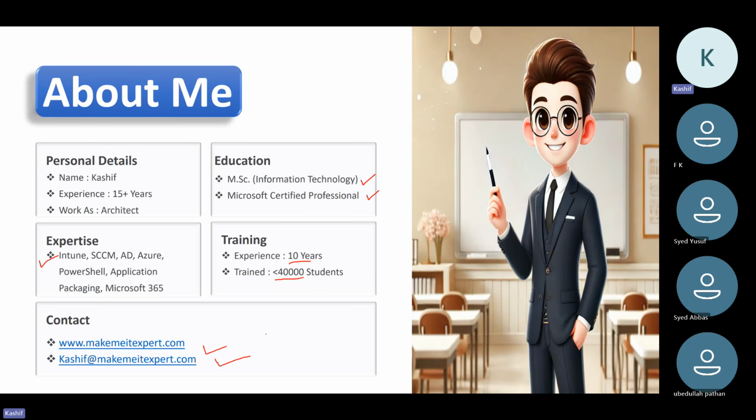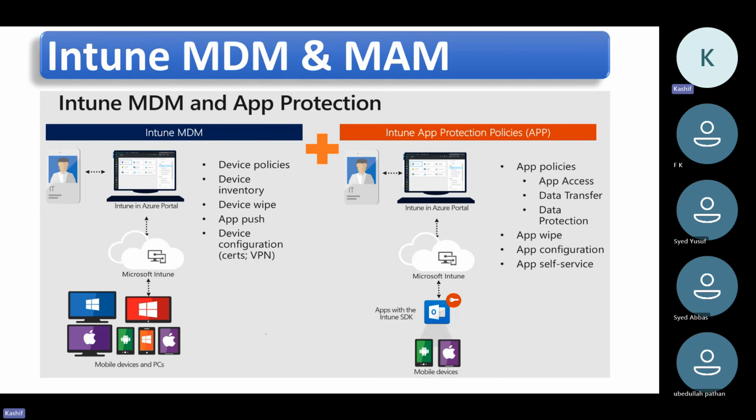That's about me. Now I'm going to take you to the next slide, which talks about Microsoft Intune. Microsoft Intune, as you all know, is a Microsoft product. Microsoft developed this product and released it in the market for public use in the year 2010.